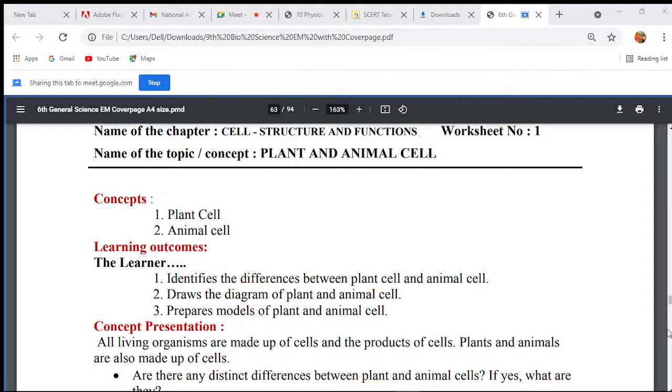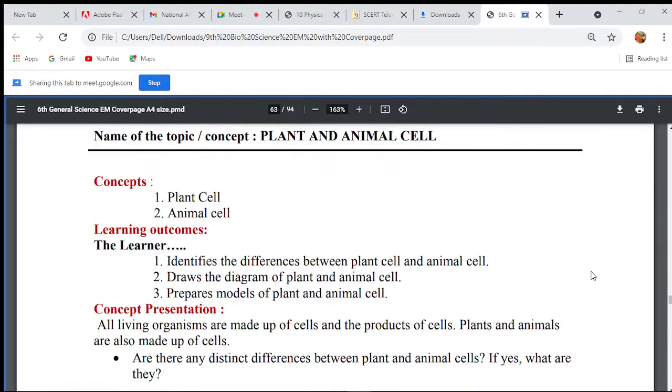Here you will be able to identify the difference between plant cell and animal cell, and you will draw the diagrams of plant cell and animal cell, and you will prepare some models of plant cells and animal cells.